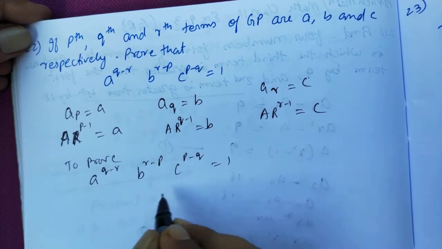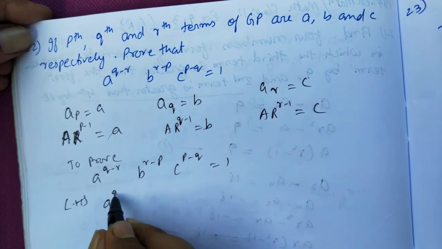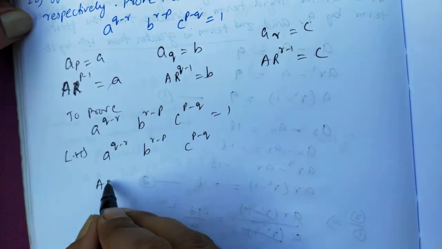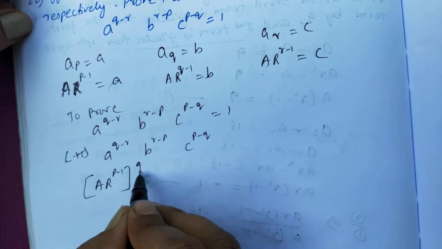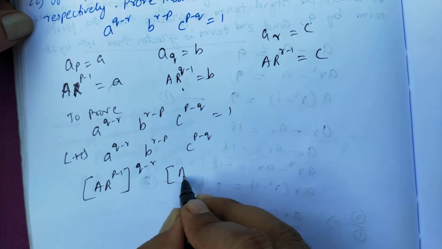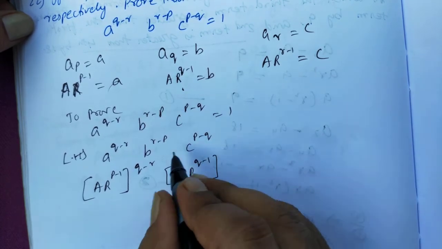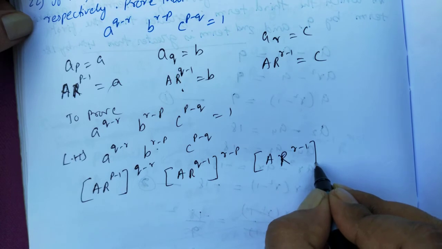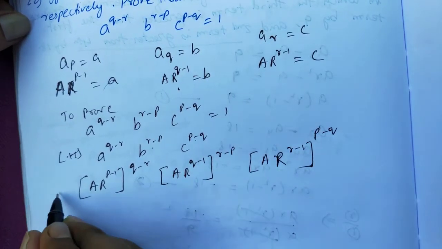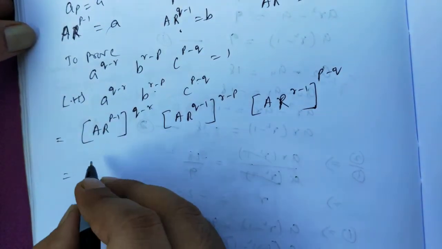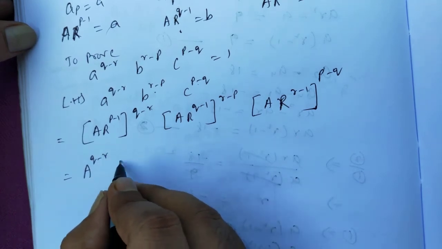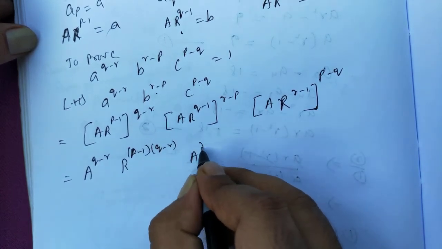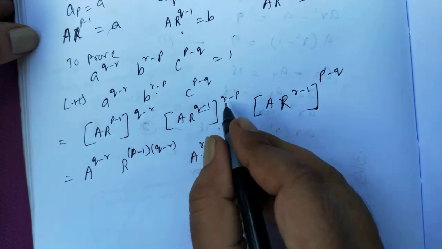So take the LHS. Since A is this one, write the value: AR to the P minus 1, whole to the power Q minus R. B is this one: AR to the Q minus 1, whole to the power R minus P. C is AR to the R minus 1, whole to the power P minus Q. If we distribute the power, this will be A to the Q minus R, and R to the P minus 1 times Q minus R. This is A to the R minus P, and the power of R will be this into this.